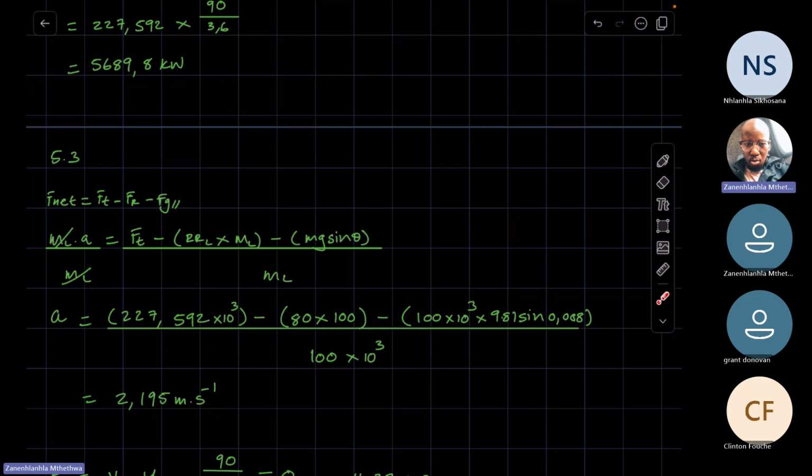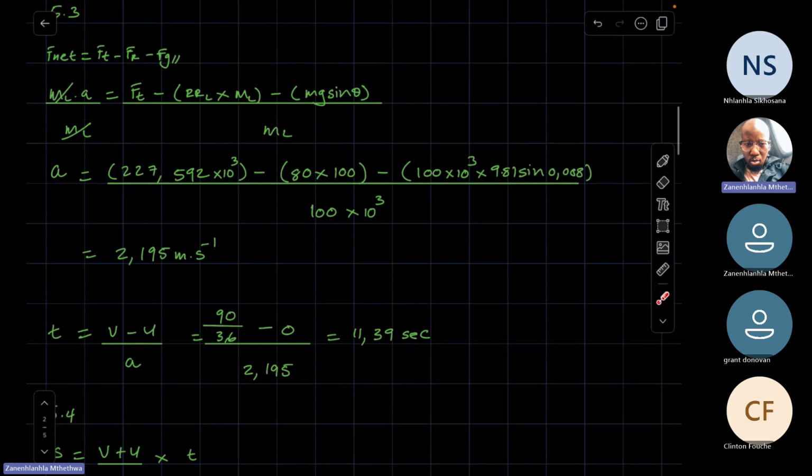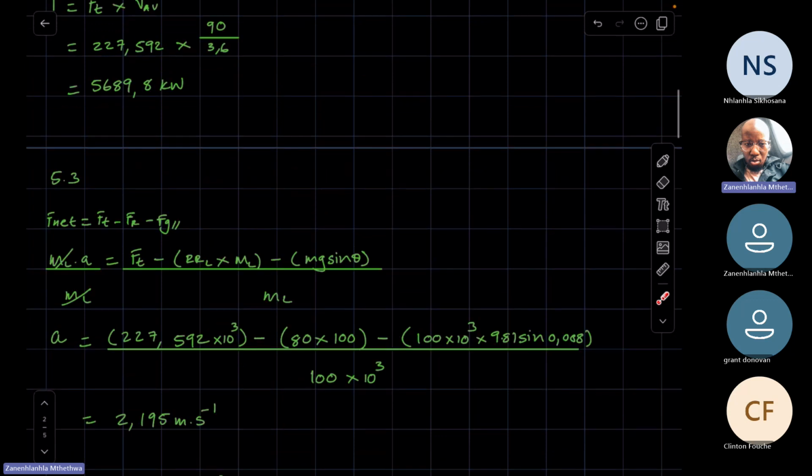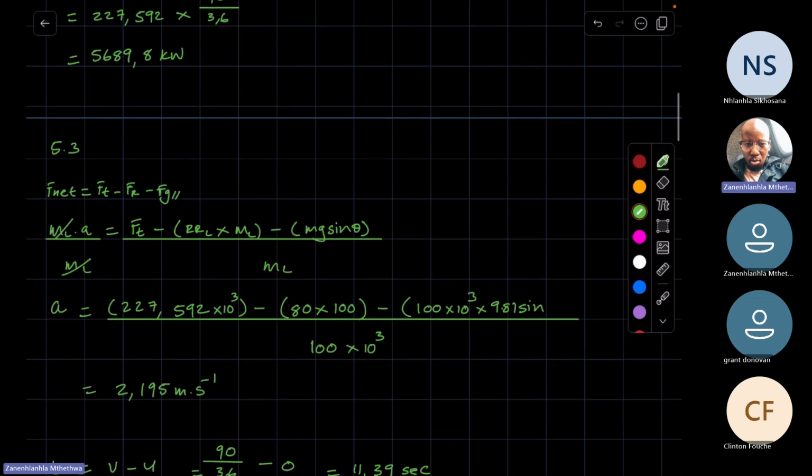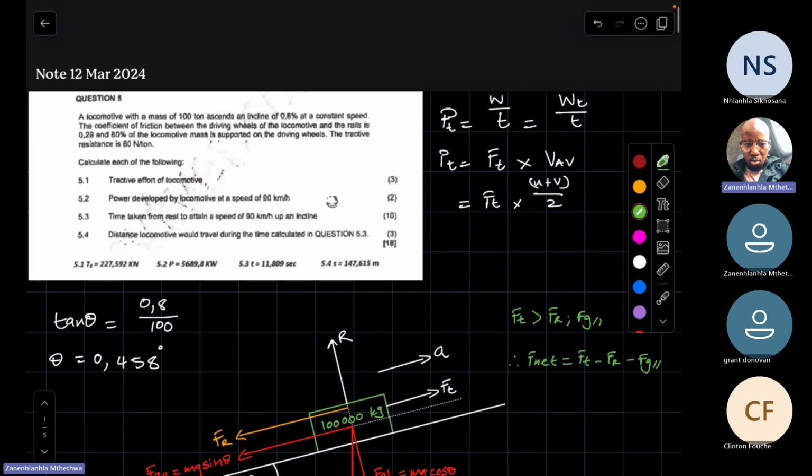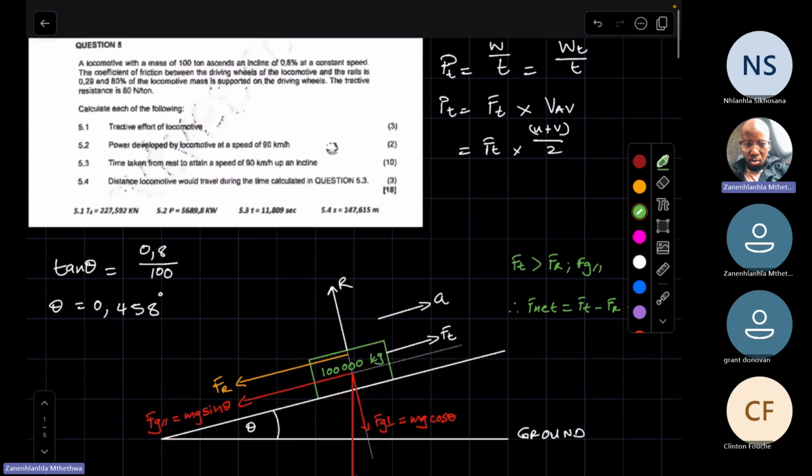What the hell did I do here? This is wrong. I definitely made a mistake here. So let us fix this quickly. This is supposed to be 0.8 divided by 100.